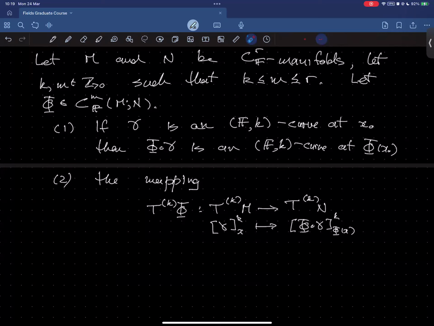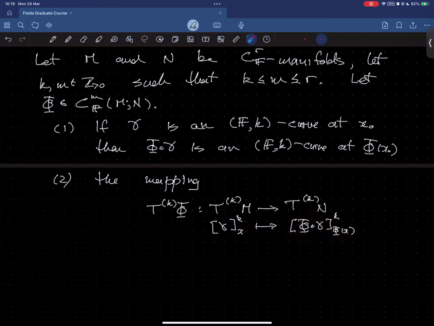This definition makes sense because of part one. Part one says this has a well-defined equivalence class to order K at phi of x.